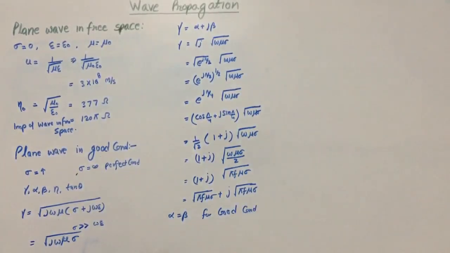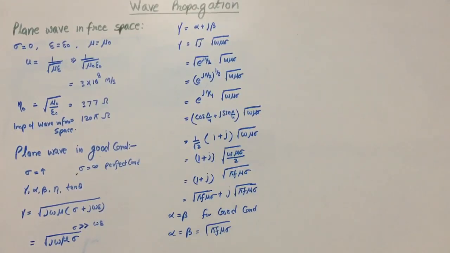Okay, so in this way we find the value of alpha, the propagation constant, and the phase constant, which are equal for a good conductor. That is, alpha equals beta, equal to the square root of pi f mu sigma.